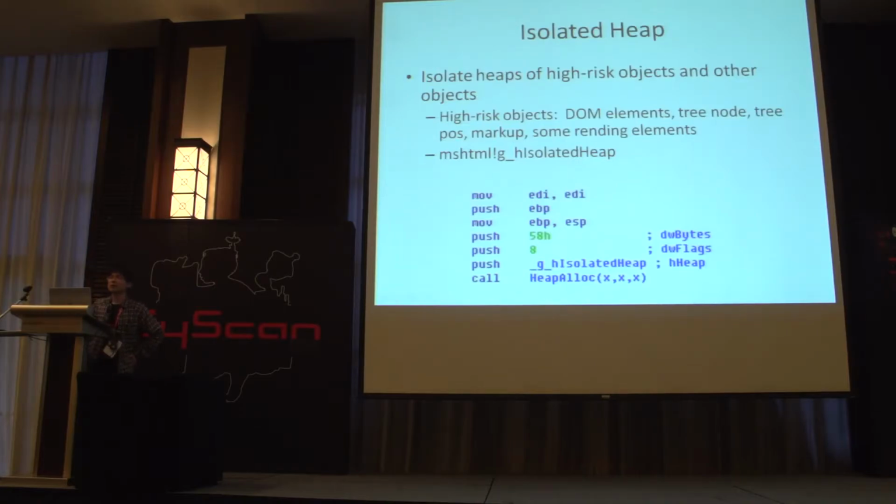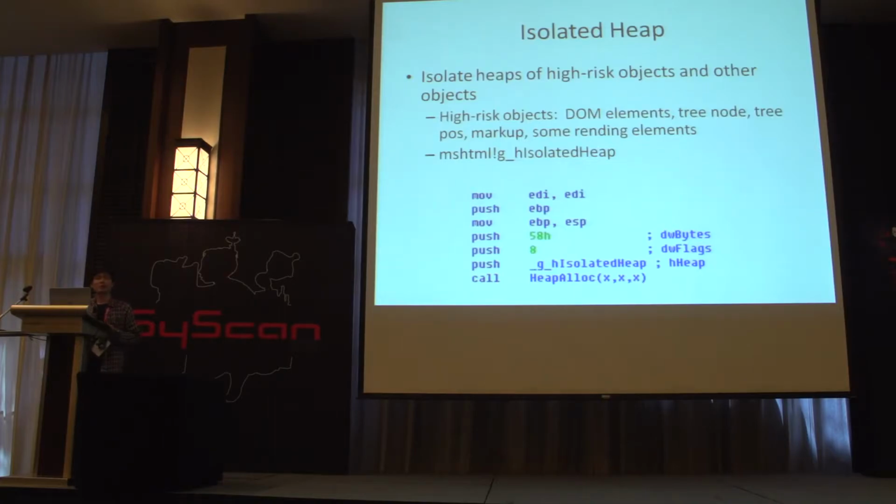The first one, called the isolated heap, tries to isolate the heaps used by the high-risk objects from other objects in IE. So what are high-risk objects? These are objects that are easily accessed and manipulated with HTML and JavaScript code, and they are also the most affected objects by UAF bugs in the wild.